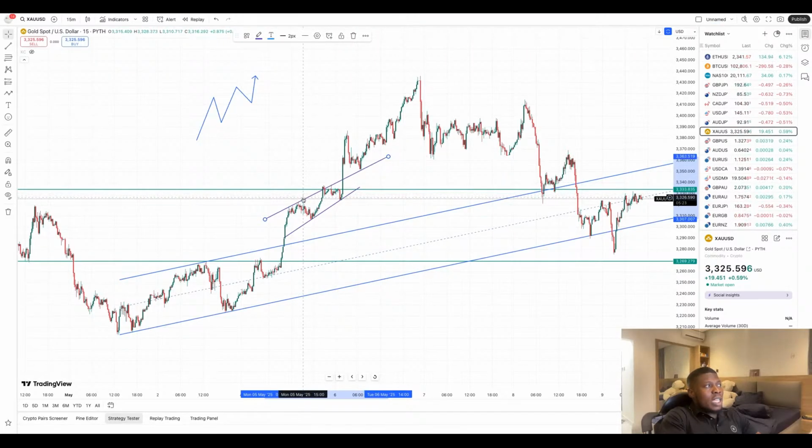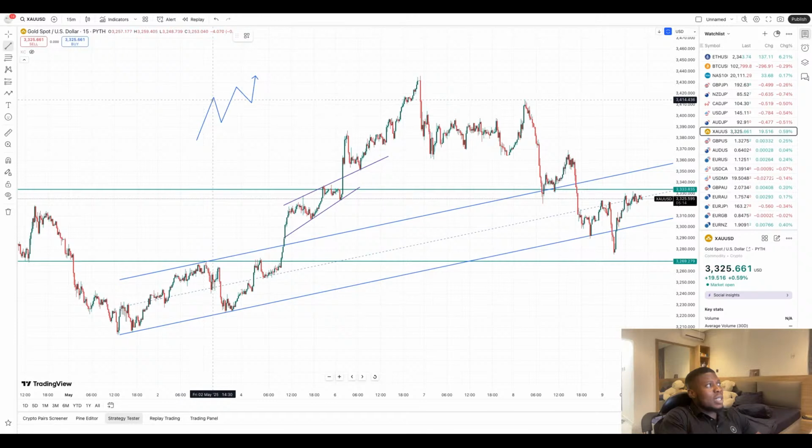Draw it from the end of the swings. So don't go in between. Make sure this end of the swing meets this end, in the sense that if this is a pattern, you're drawing this to this. Don't do this. So you know when a perfect pattern is forming. And again, this looks like a reversal pattern.